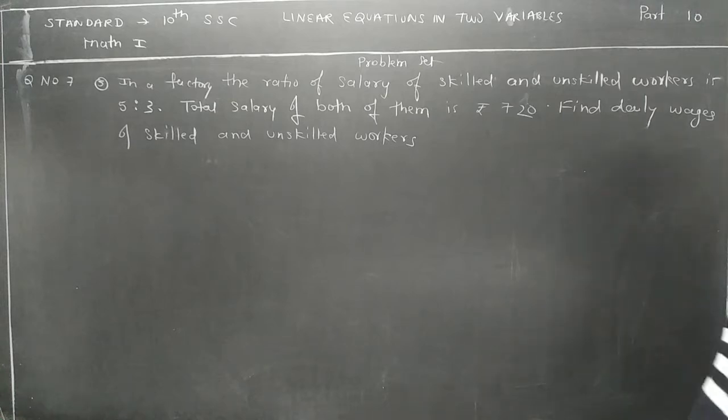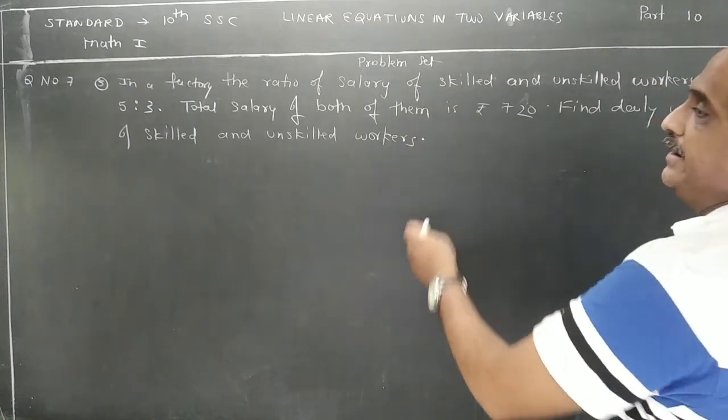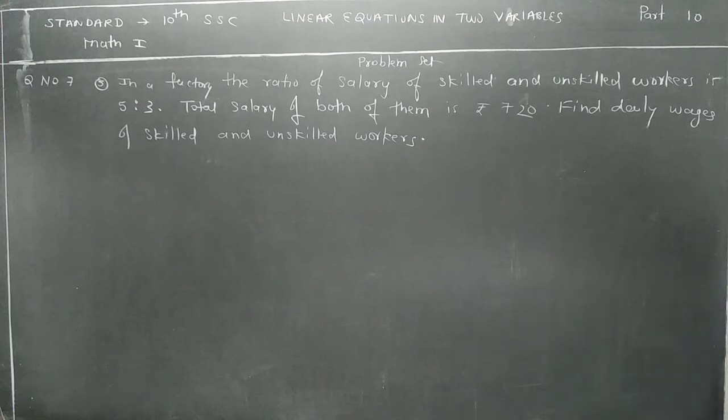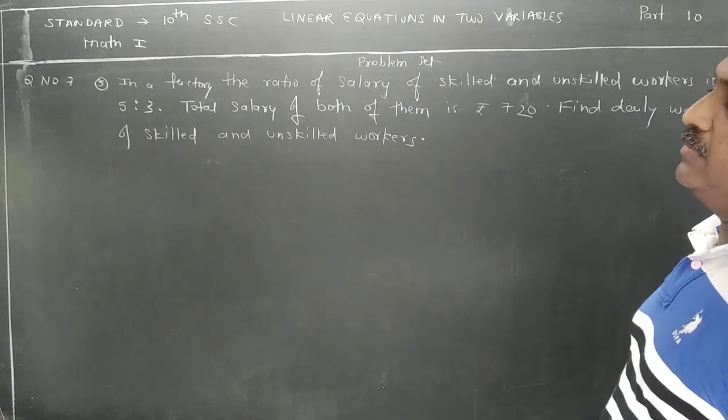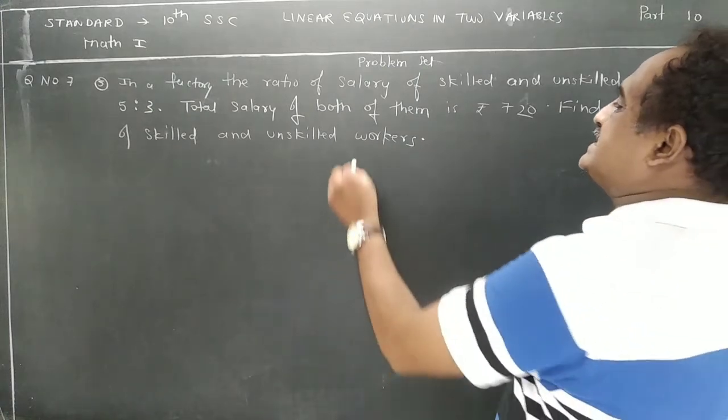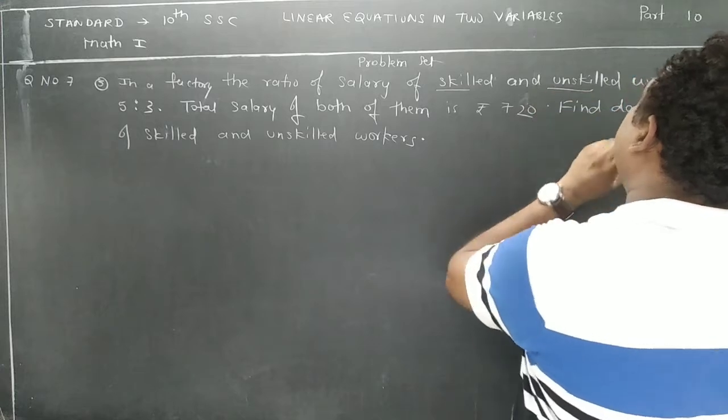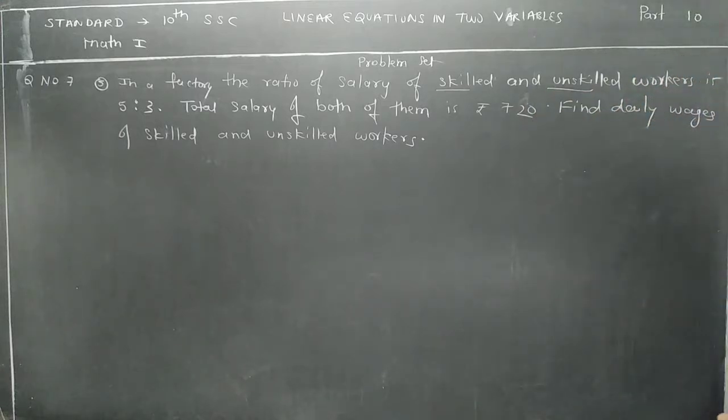Second question, again it is a question of your day to day conditions. Now, a practical example: in a factory, the ratio of salary of skilled and unskilled worker, there are some skilled workers as well as some unskilled, they are learners, is 5:3.